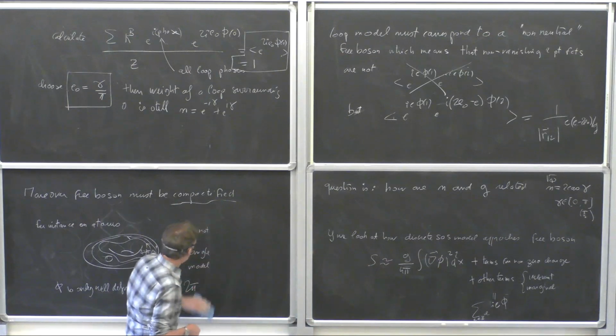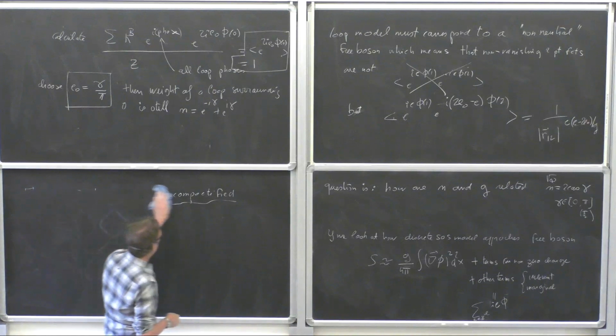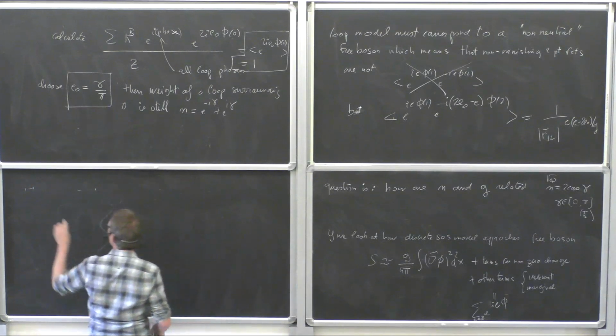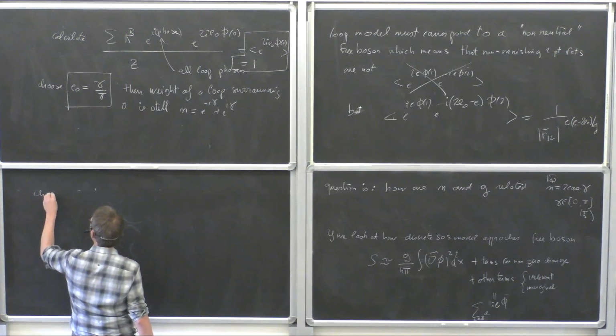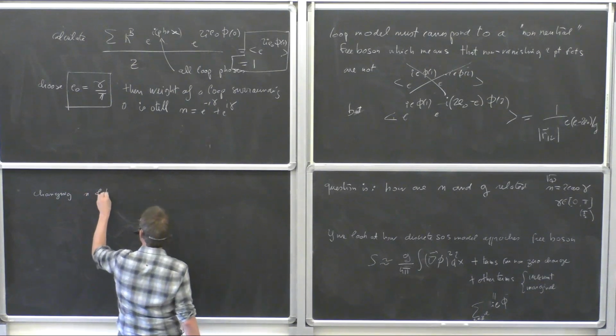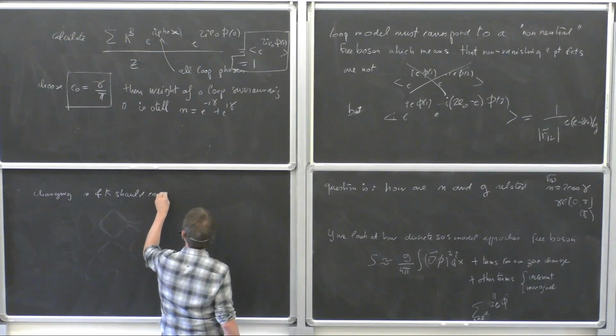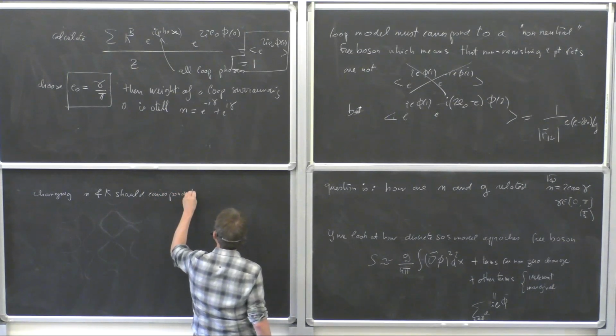So it should be possible from the point of view of this action to have an exactly marginal perturbation, because changing n and g should correspond to a marginal perturbation.